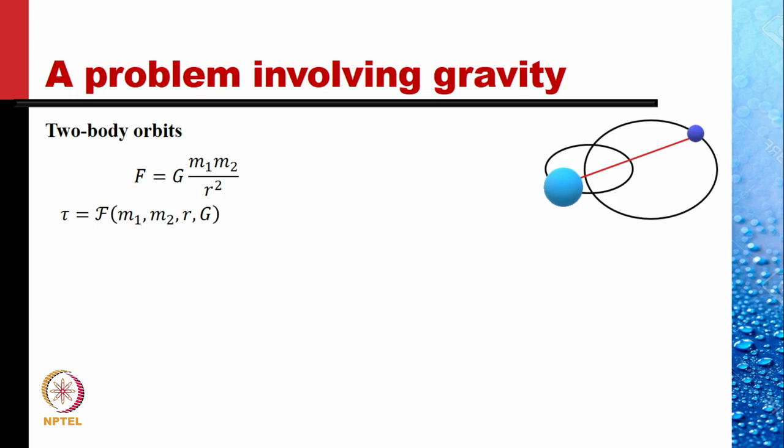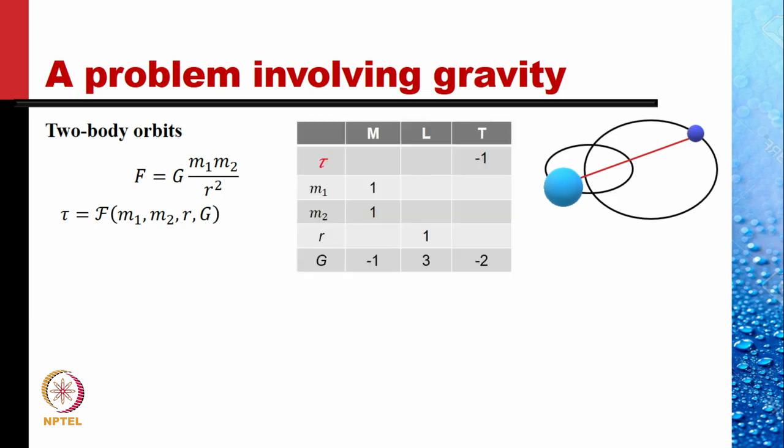So, the time period tau of the circular orbits would be a function of m1, m2, r, and G. We construct the table showing the dimensions. In the MLT system, tau, the dependent parameter, is written in red, then m1, m2, r, and G.